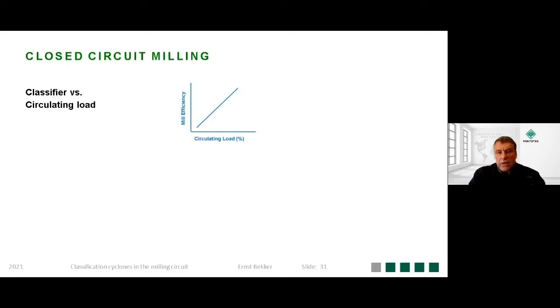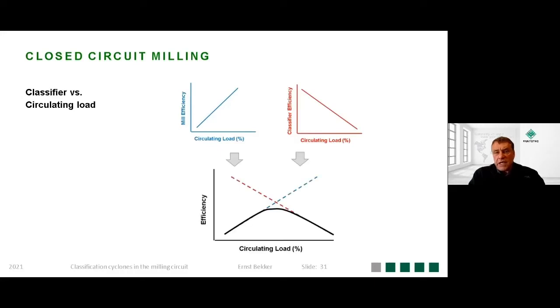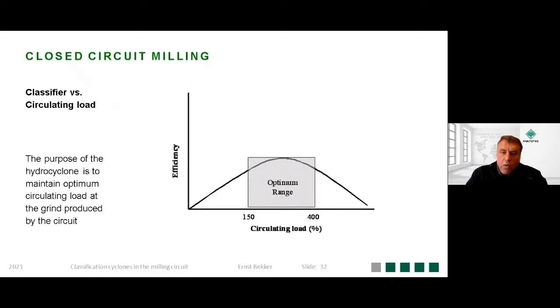Coming back then, we sit with the mill efficiency and circulating load, classifier efficiency and circulating load. And when you bring them on top of each other, there's an optimum. And that is what we with hydrocyclones are trying to achieve. We want to maintain the circulating load in an optimum region.